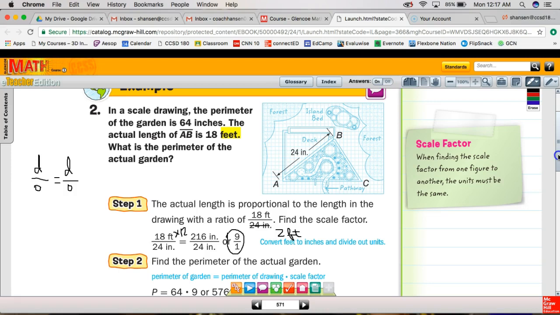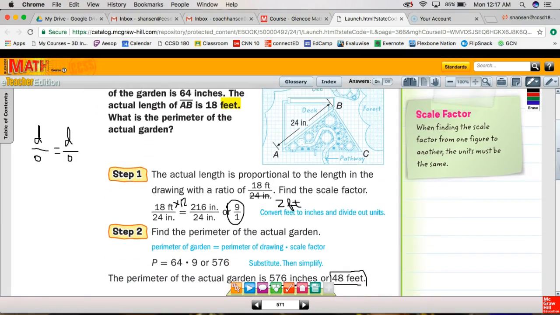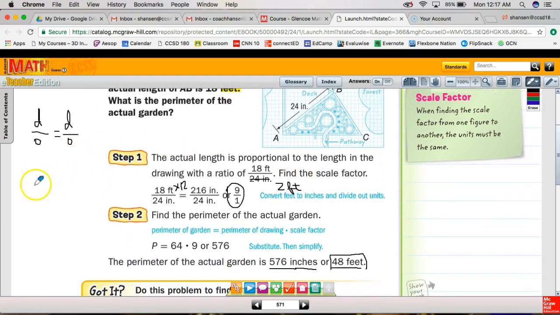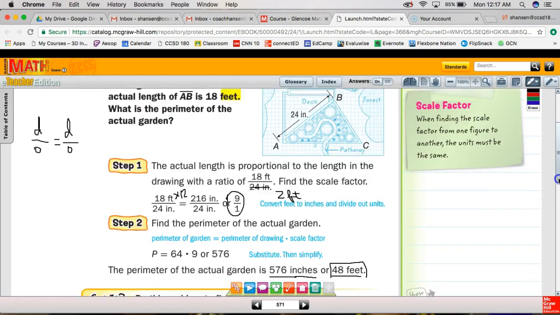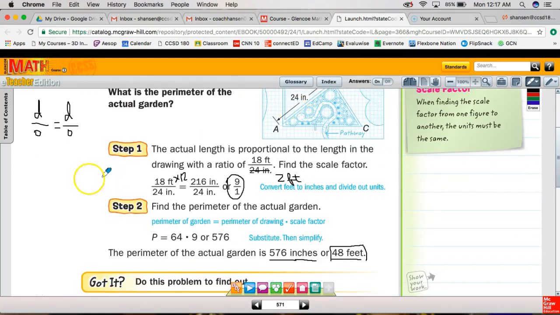So here's my issue if I do feet. Basically what I have is, again, dilation over original. It's giving me the perimeter is 64 inches for this triangle on the blueprint. So again, without being incredibly confusing, if I divide 64 by 12, 12 goes in evenly 5 times.